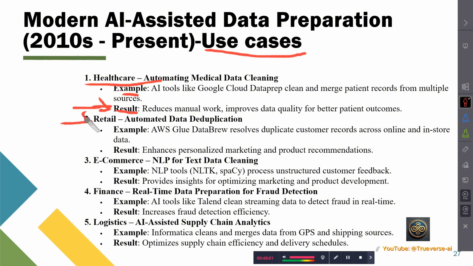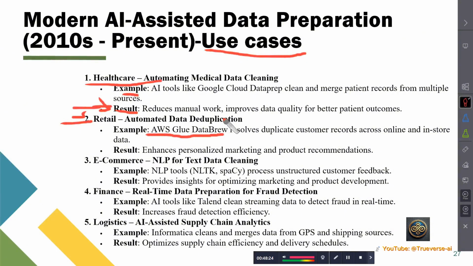Another example, retail. A large retail company gathers customer information, and AWS Glue DataBrew automatically resolves duplicate customer records. Like what?